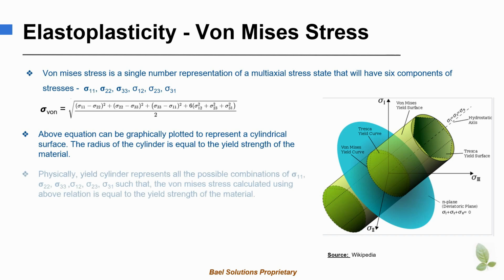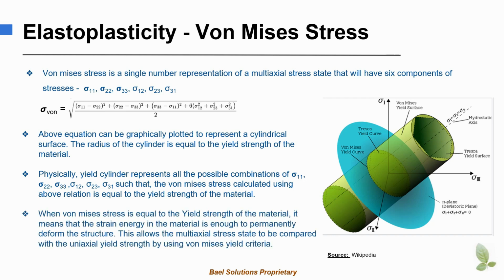Physically, the yield cylinder represents all the possible combinations of the 3 normal stresses, sigma 1, sigma 2, sigma 3, and the 3 shear stresses, sigma 1 2, sigma 2 3, sigma 3 1, such that the von Mises stress calculated using the above relation is equal to the yield strength of the material.